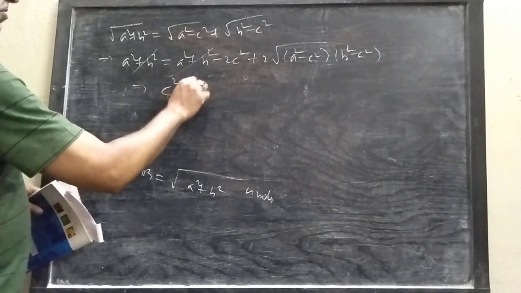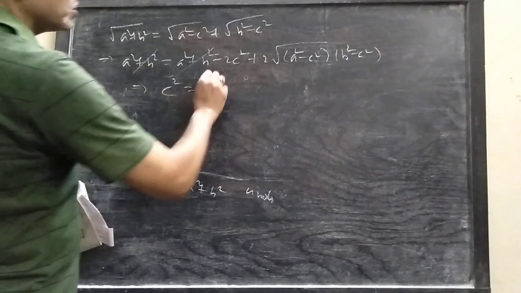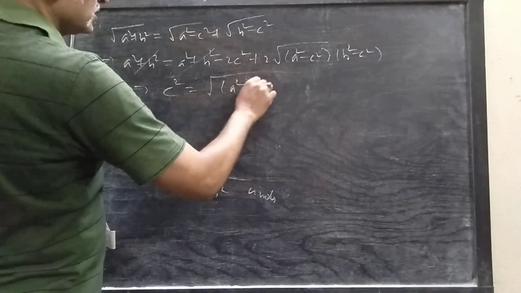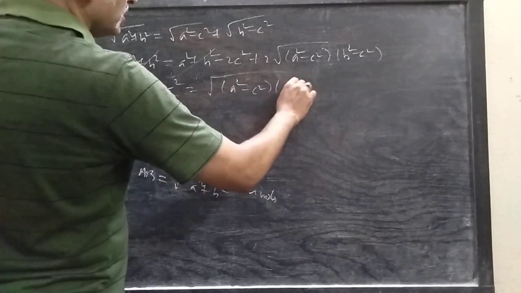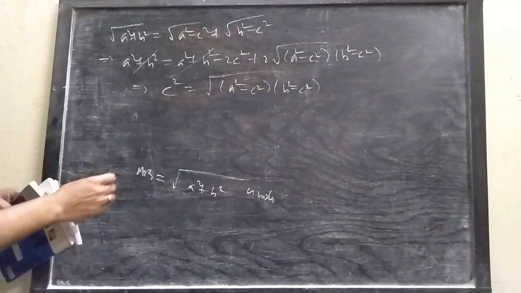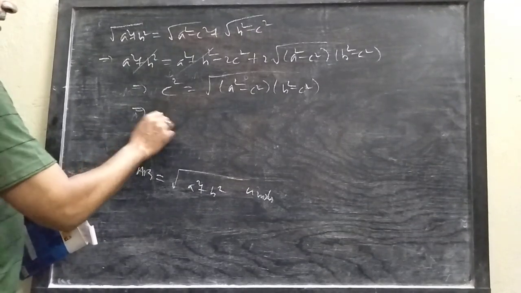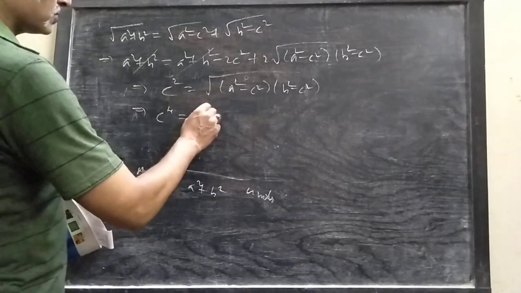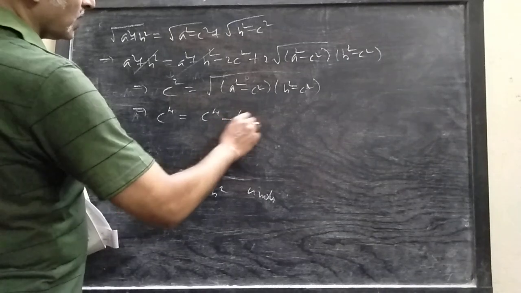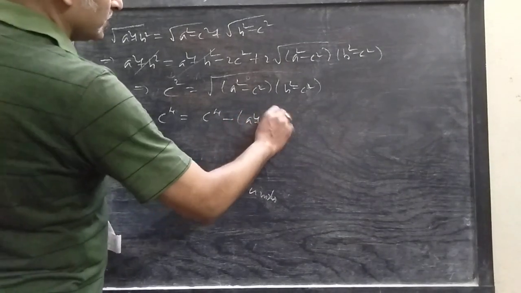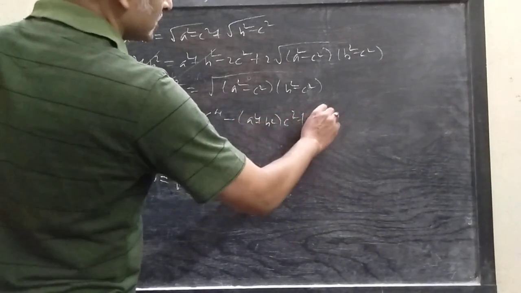Dividing both sides by 2, we get c square equals root over of a square minus c square into b square minus c square. Again, squaring both sides, we get c to the power 4 equals c to the power 4 minus a square plus b square into c square plus a square b square.